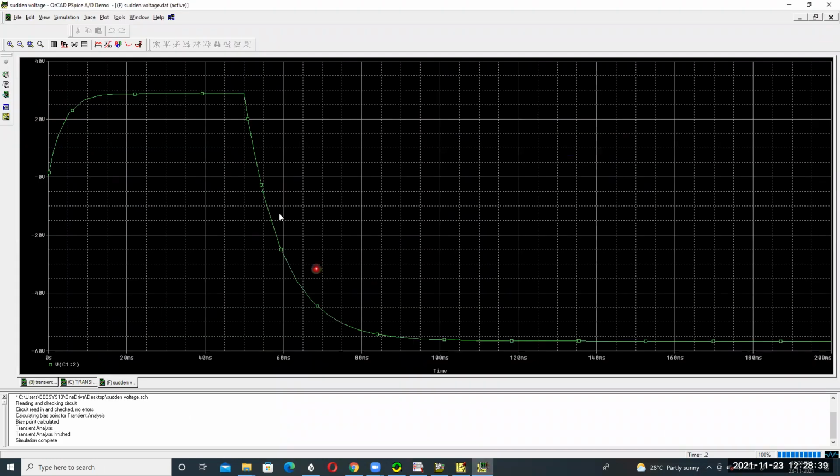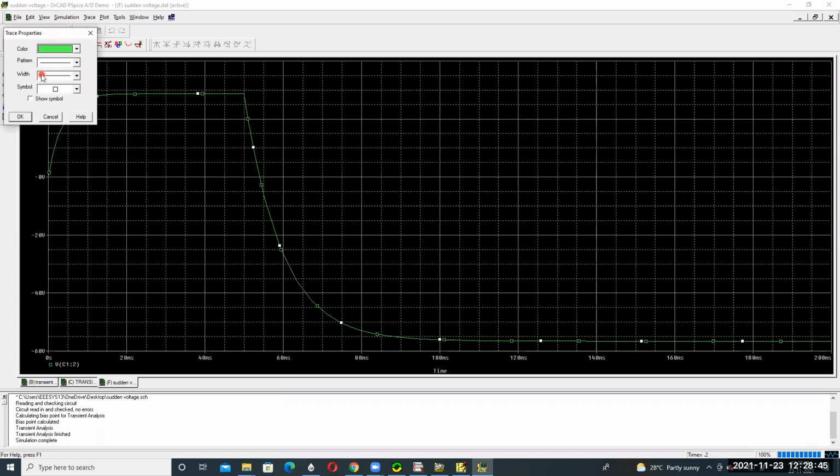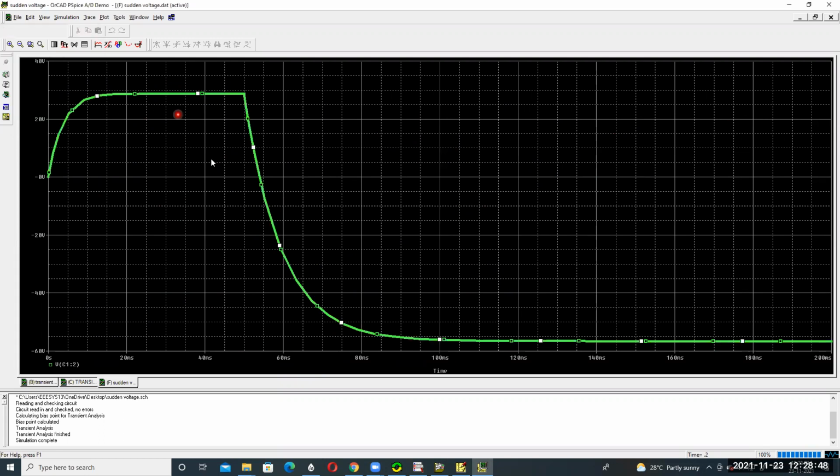If you want to know these voltages, use markers. Press here, select this graph, and press this icon. If you want to know the upper peak values, press this, and you will see different times and voltages. Here, 50 milliseconds and 28.720 volts, about 30 volts.